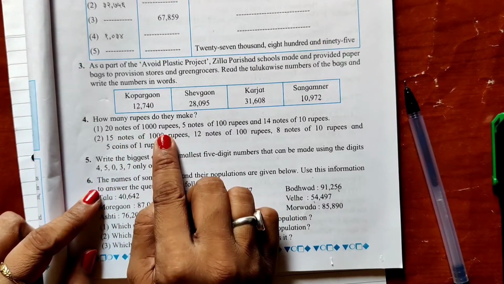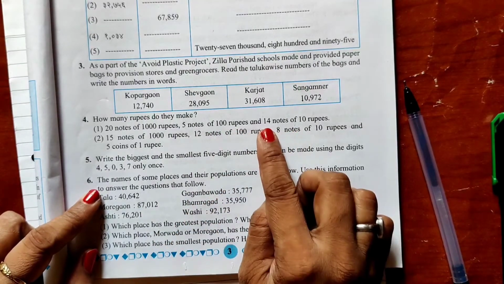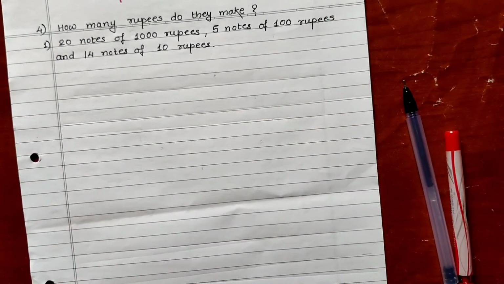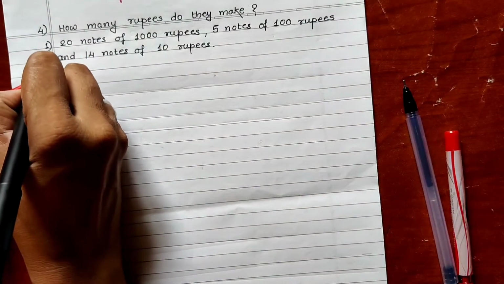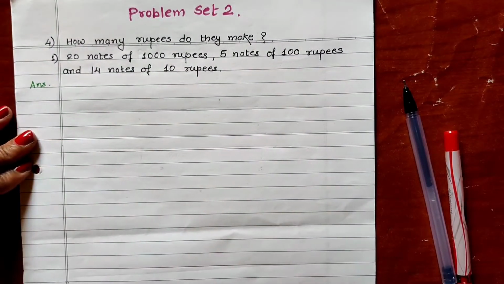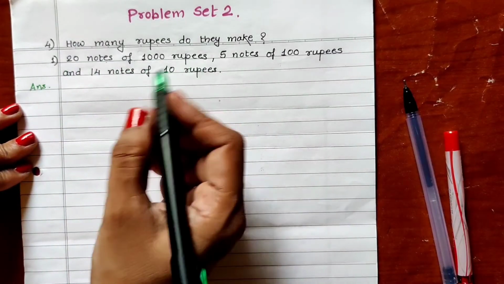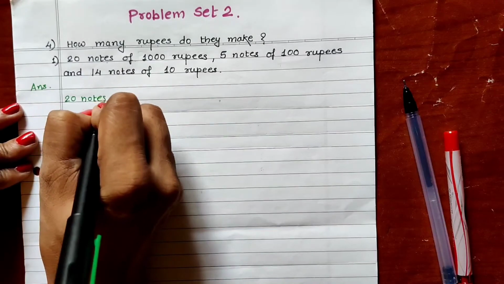20 notes of 1000 rupees, 5 notes of 100 rupees and 14 notes of 10 rupees. Let us see how to solve it. We will write the answer. I have written the question as it is on my page. First, we take 20 notes of 1000 rupees.